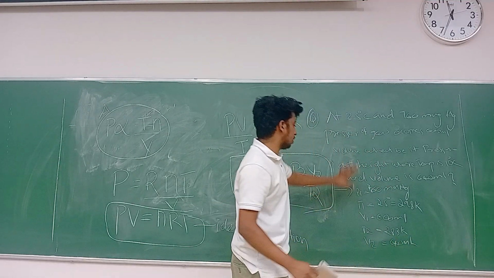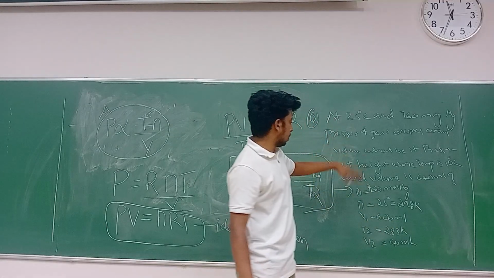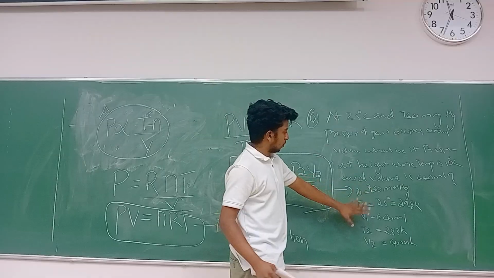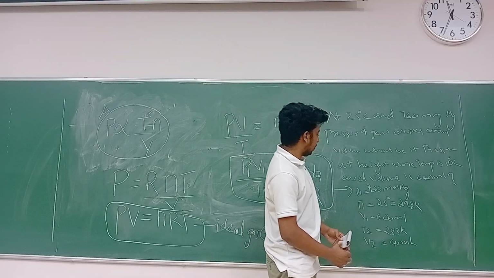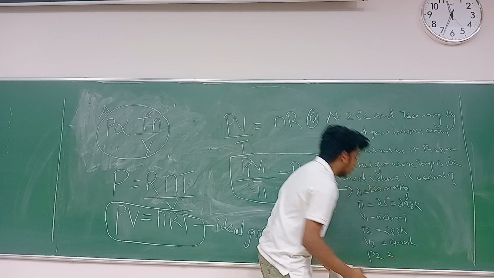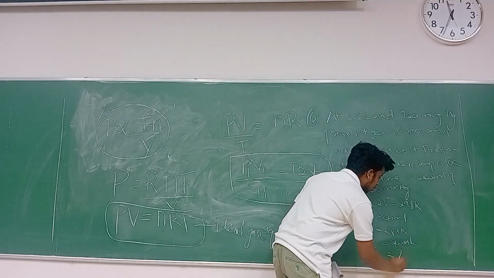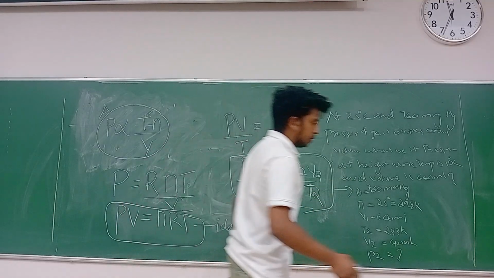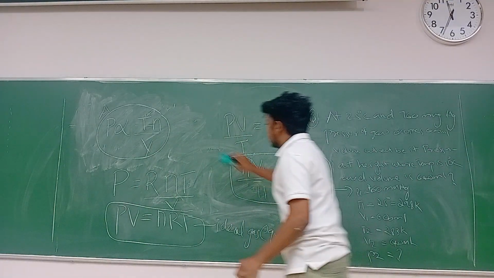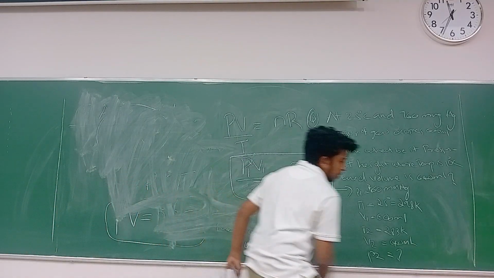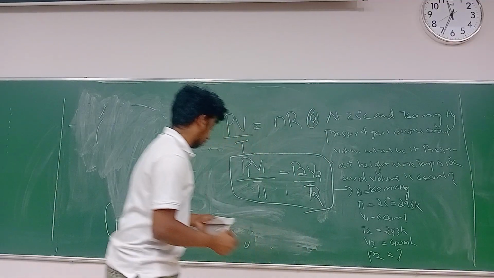I converted degrees Celsius into Kelvin. I'm just writing it, and we want to find P2, the final pressure. This is the thing we want to find, so I'm utilizing the combined gas law.